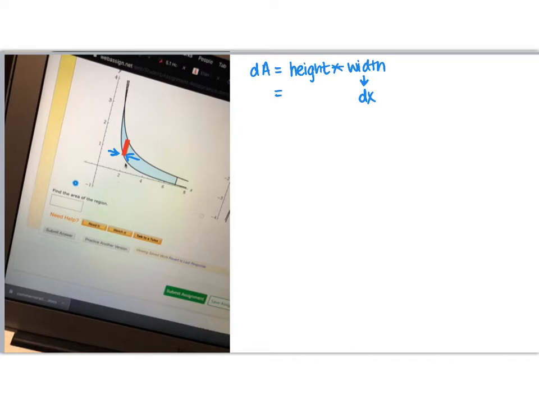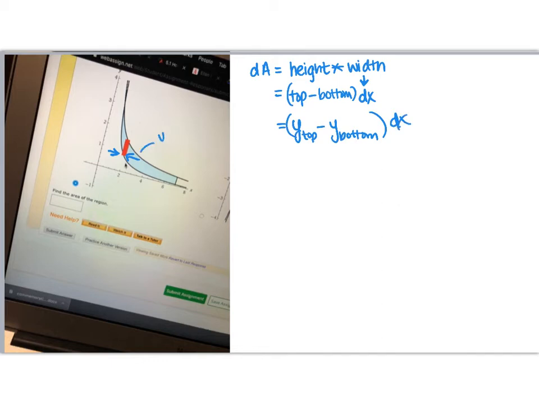The height is the top minus the bottom, so that's the top curve minus the bottom curve, the total height. Or we might say y top minus y bottom times dx. And that's the reason that I wanted to know which curve was on the top.